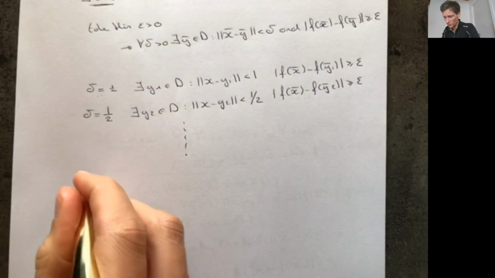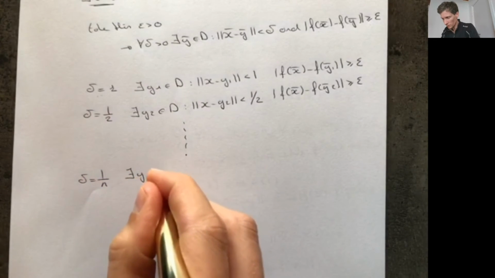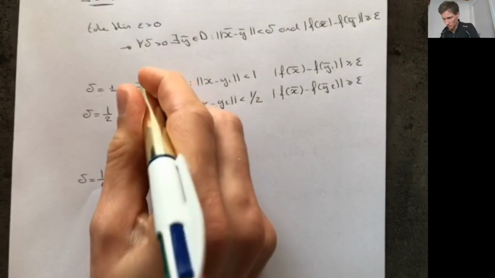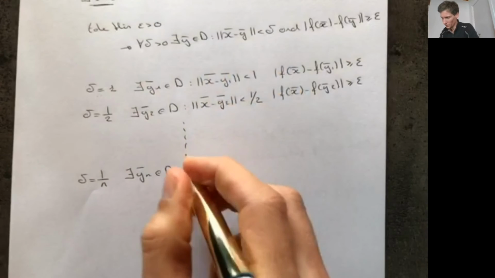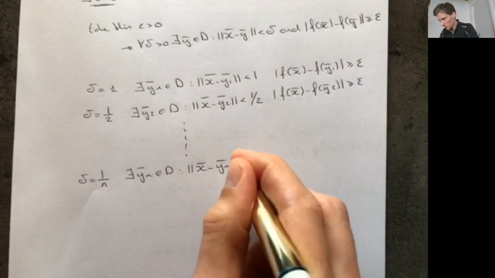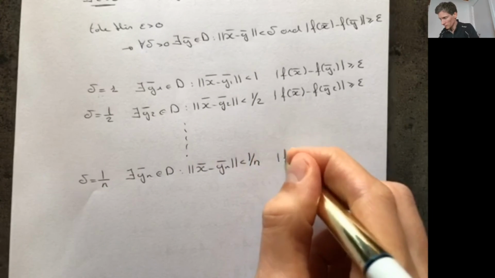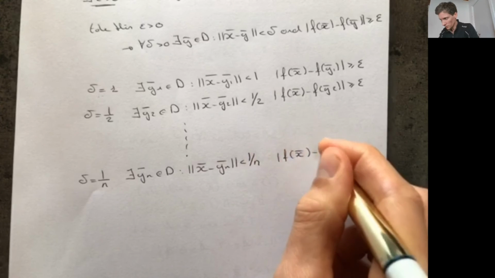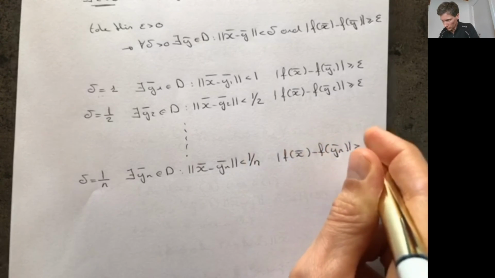Okay, we can continue doing this. After round n, you have delta equal to 1 over n. There exists a yn in the domain, for all n. So x minus yn is smaller than 1 over n, and f x minus f yn is greater or equal to epsilon.